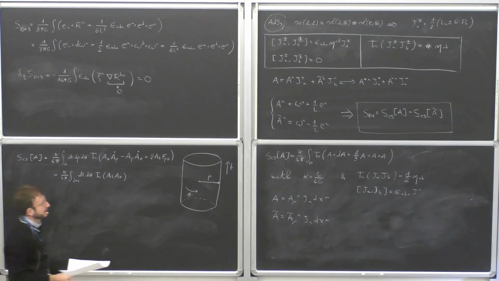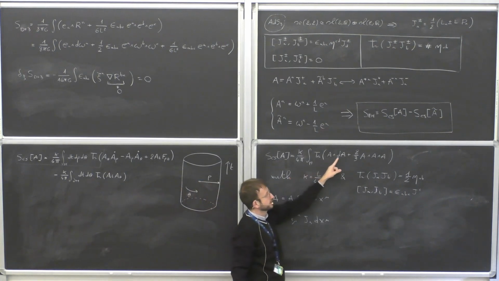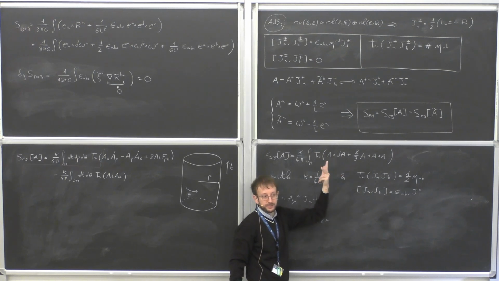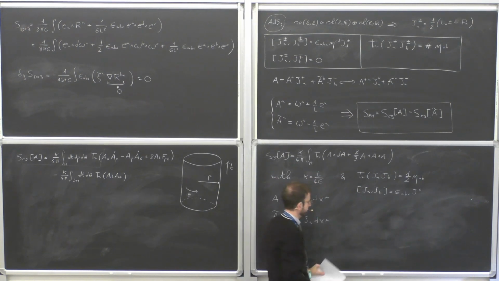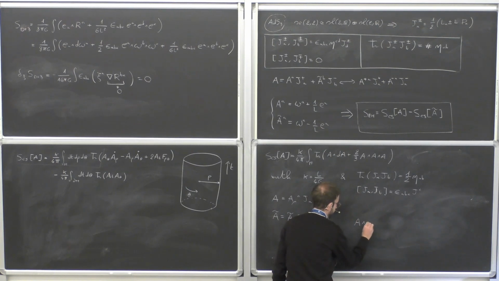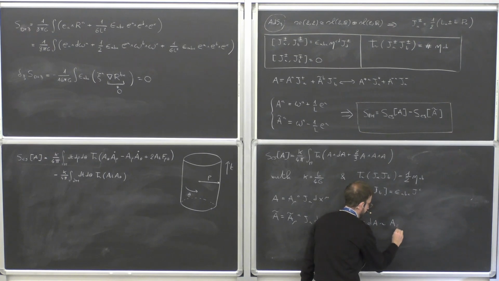Essentially, because here I have a term which is A wedge dA. I'm in 3 dimensions. I have 3 coordinates, t, rho, and theta. Clearly, this is a 3-form. So essentially, in the kinetic term, A wedge dA is proportional, up to the conventions that you take for the antisymmetrization, to this object here.